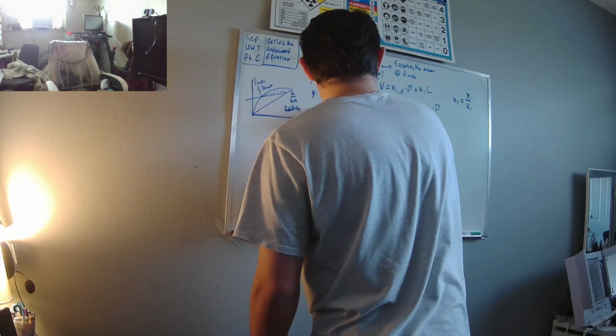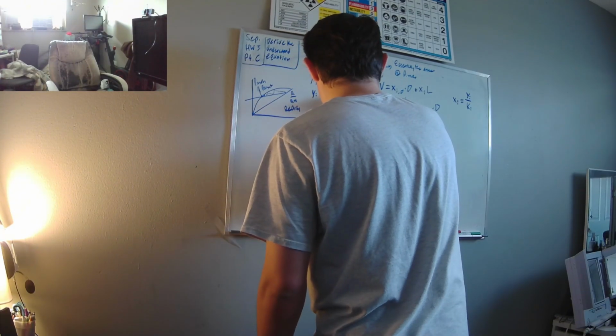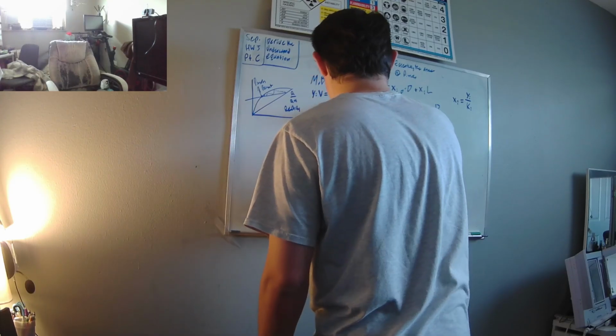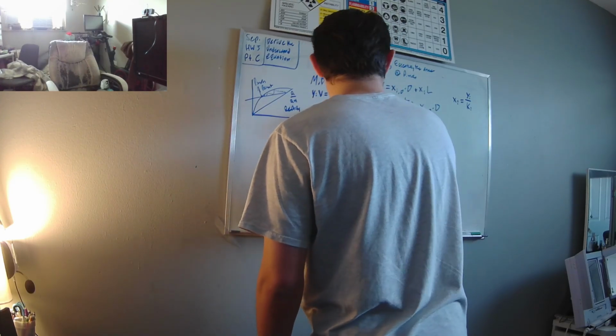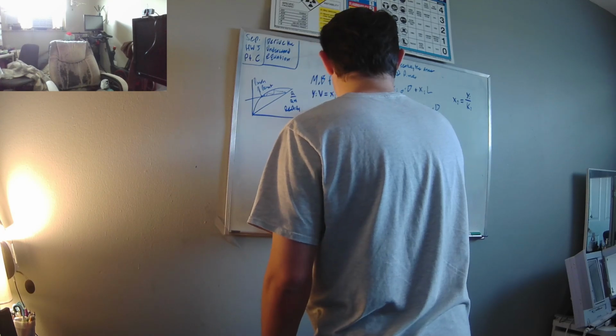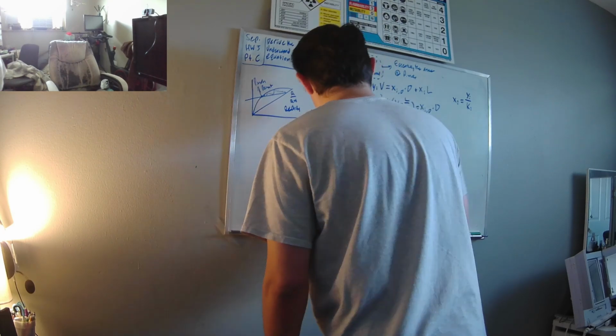So we're going to say yi equals xiD times D over V minus L over Ki.